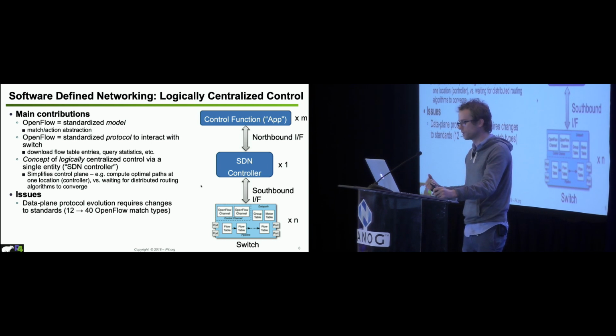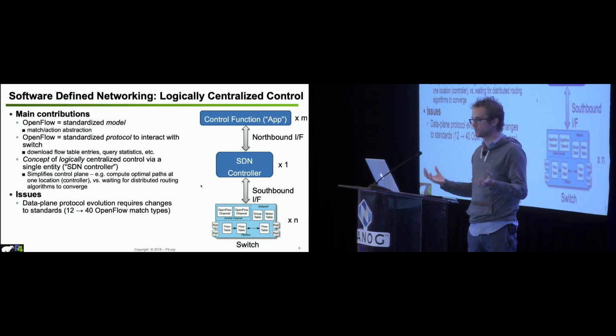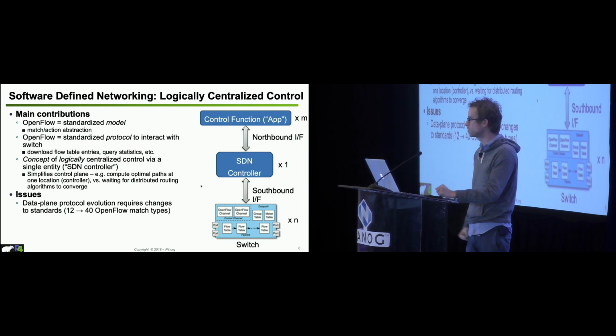OpenFlow 1.0 also had another issue, which was that it was, in a way, hard to implement efficiently on existing networking hardware, because OpenFlow 1.0 has that abstraction of one big match action table, but that's not usually how switch silicon works. Usually switch silicon has many tables.